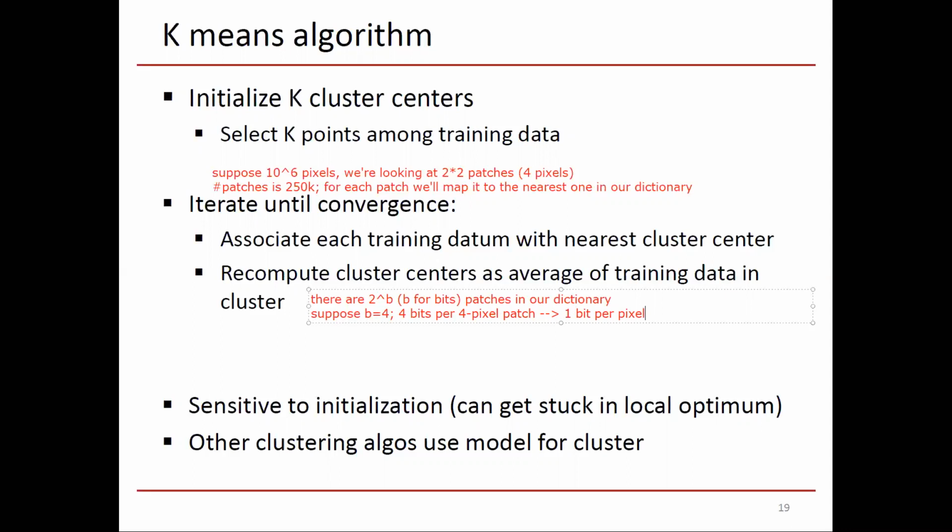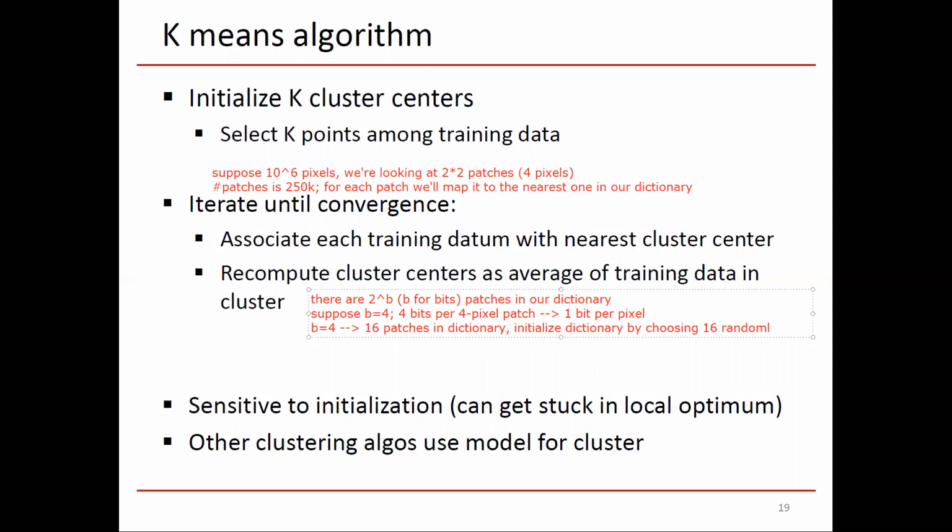And I think that for this type of project, seeing things visually is going to be part of your learning experience. There's the machine learning, which is what we're talking about, but also your learning experience will be seeing things and seeing how for, let's say, 3x3 patches or 4x4 patches, we get better results. All right, so with 4 bits per patch, we have 16 patches in the dictionary, and we initialize the dictionary by choosing 16 randomly.